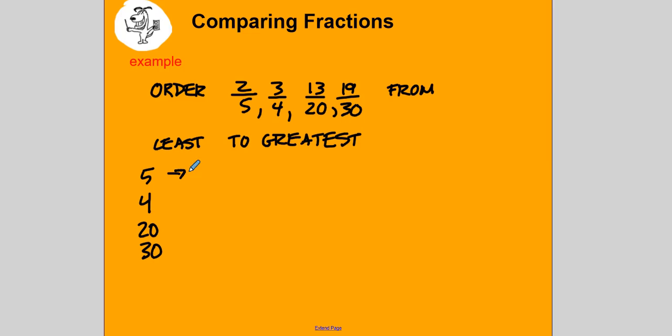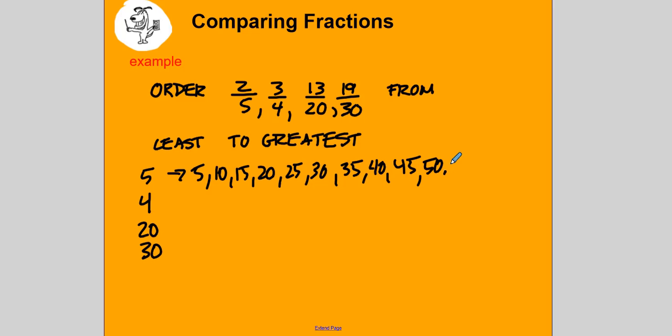So 5 is going to be 5, 10, 15, 20, 25, 30, 35, 40, 45, 50, 55, 60, 65, etc. If you can do this in your head, go ahead. I'm just doing the long way here to show you how it works.